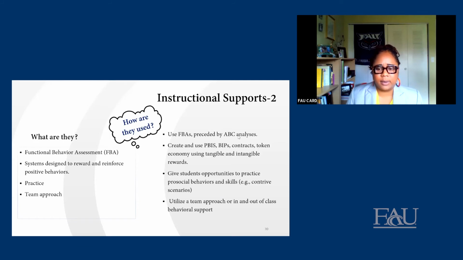We might use a team approach in or out of the class for behavioral support. Some of us teach in environments that include a behavioral support system outside of our classroom. If that doesn't exist, we want to think about how we might create that inside of our classroom among the team members who are in that class setting.